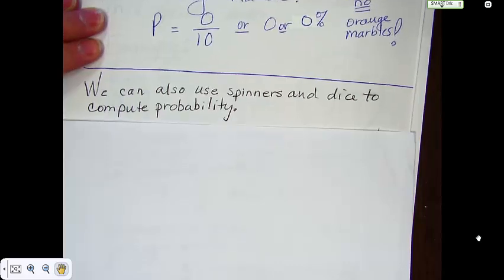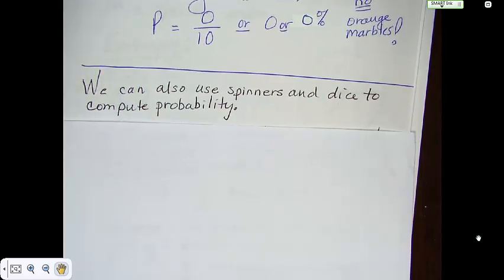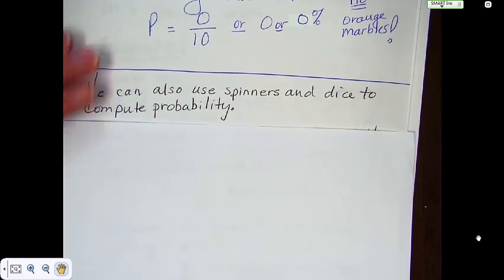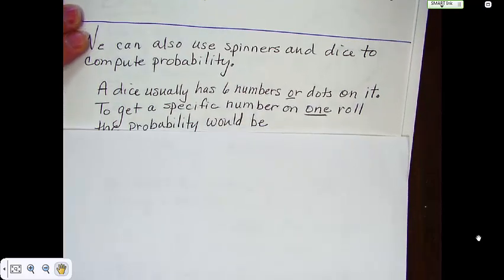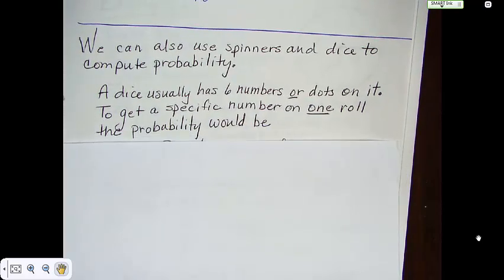Okay, now there's another way that we do probability, and we do spinners and dice. Sometimes we do spinners by themselves and dice by themselves. Sometimes we do spinners and dice together, and that's more compound probability, and we won't get into that too much right now. We will eventually touch on that, but not right now. Okay, a dice usually has 6 numbers on it, or dots.